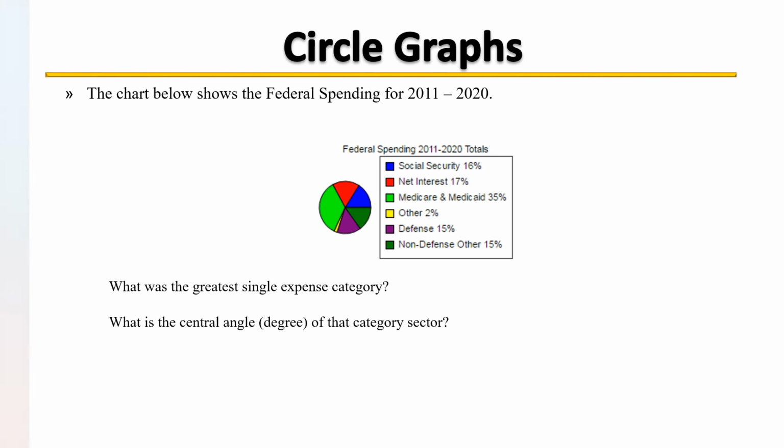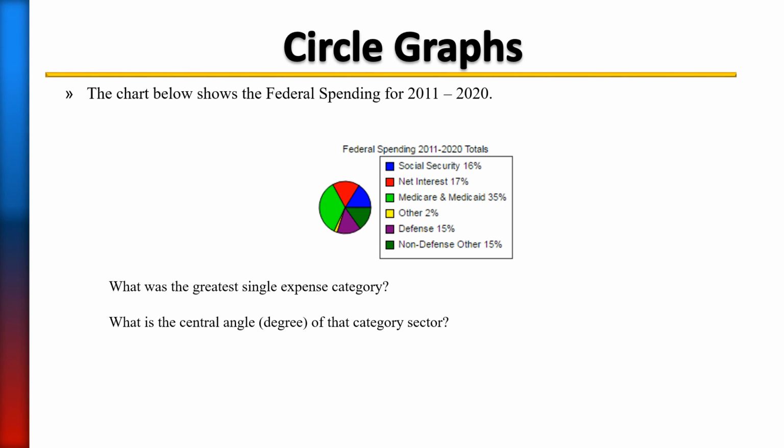The chart below shows the federal spending for 2011 till 2020. We are asked, what is the greatest single expense category? So looking at the pie chart there, of all the expenses that you see, what is the greatest single expense?